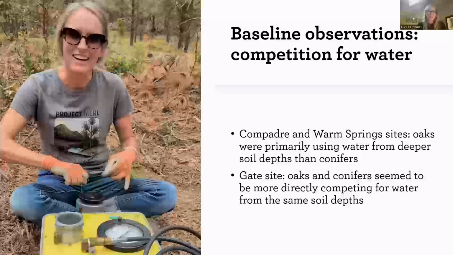Or perhaps the shade from that encroaching conifer forest buffers the oaks from water stress. So we were curious about how competition for water in the soil was playing out between conifers and oaks. By looking at these water signatures in the oaks and the neighboring conifers, we could try to tease out that answer.